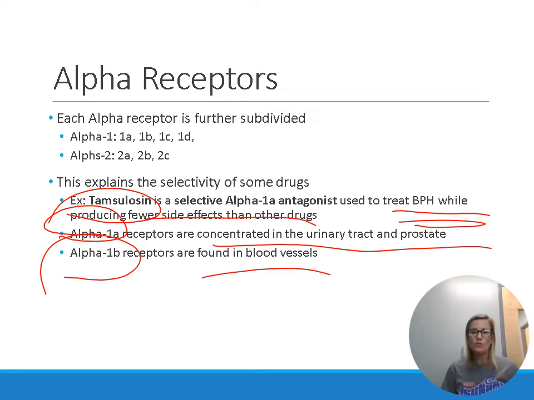But giving tamsulosin, which is selective for just alpha-1A, allows us to block the receptors in the urinary tract and not block the receptors in the blood vessels. So we avoid that adverse drug effect of hypotension.